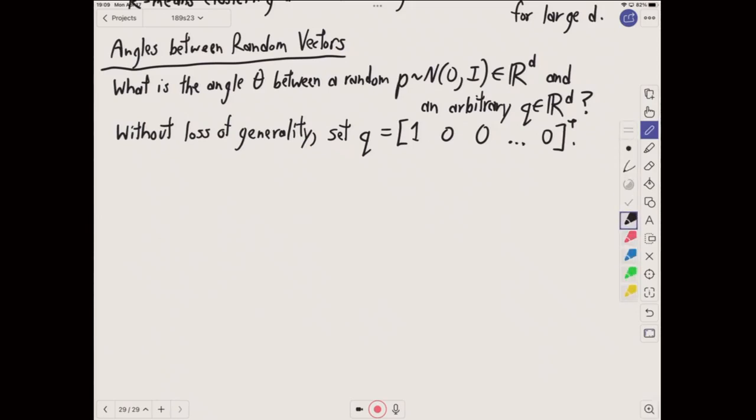All right, so we learned a formula earlier this semester for the angle between P and Q. Specifically, you might recall that the cosine of that angle, separating those two vectors, is equal to the inner product of the two vectors divided by the lengths of the two vectors.